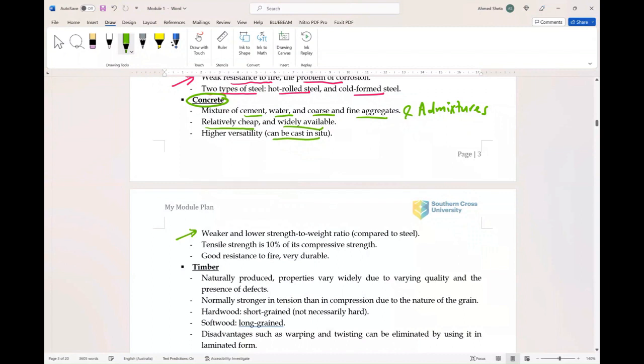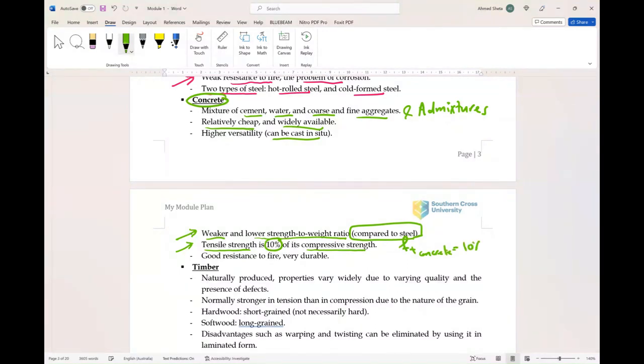The problem of concrete is that it is weaker and has a lower strength to weight ratio when compared to steel. Another problem is that its tensile strength is very low, because it is only 10% of its compressive strength.